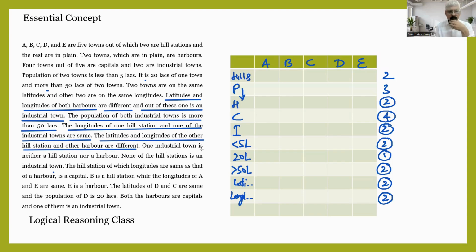One industrial town is neither a hill nor a harbor. None of the hill stations is an industrial town. The hill station whose longitude is the same as that of a harbor is a capital.